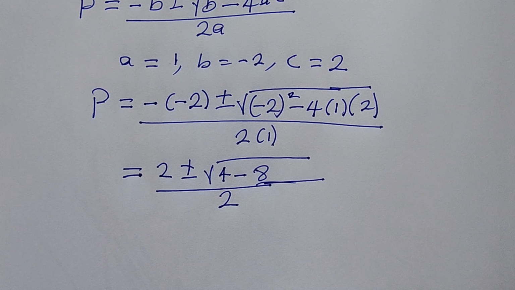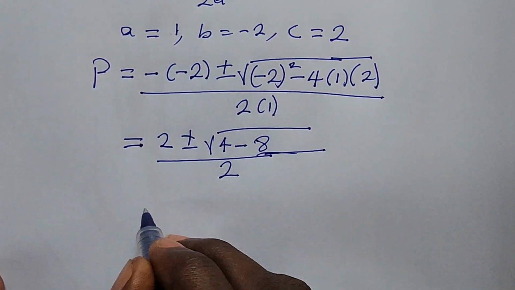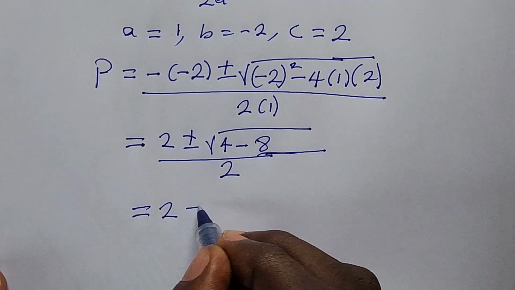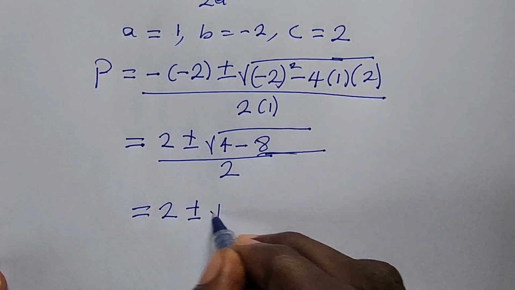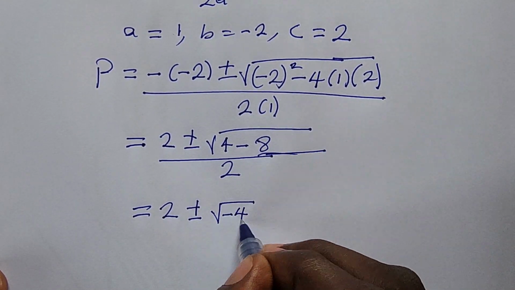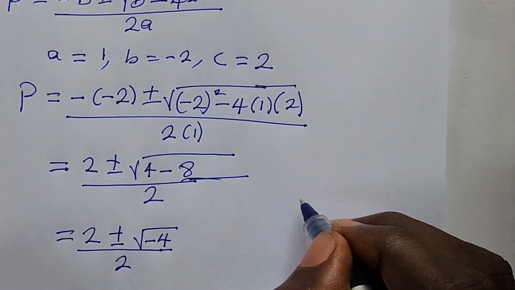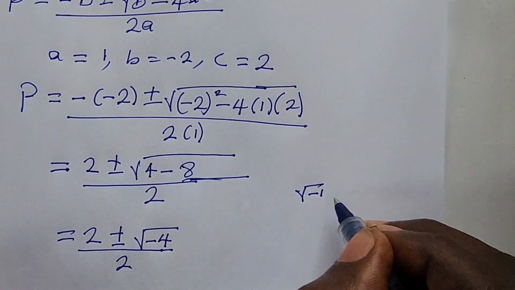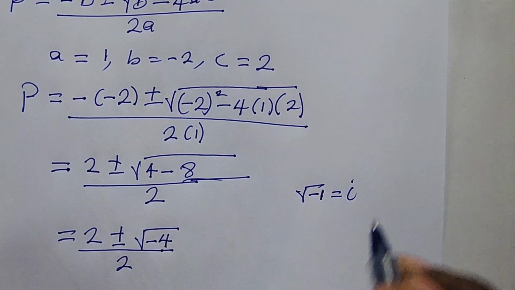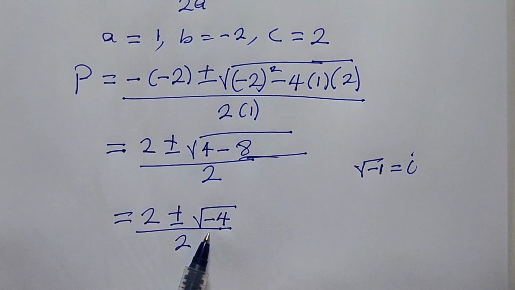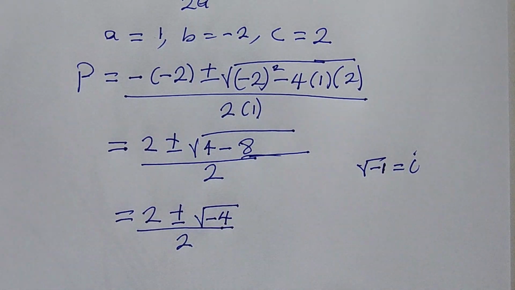Okay, so what we do here now, it is easy. Let's subtract this. So this will now give us 2 plus minus the square root of minus 4 all over 2. Again, remember that the square root of minus 1 is equal to iota. So we can bring out iota here. And the square root of 4 is 2.